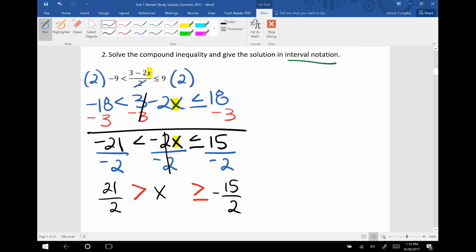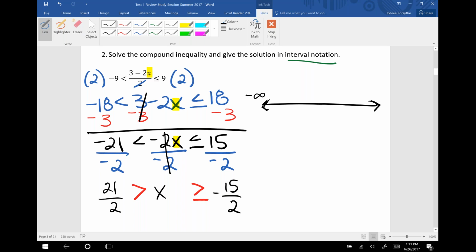All right. Okay, so interval notation. So the best way, in my opinion, to do interval notation is to start with the number line. You start with a graph. So you can kind of sketch it. It doesn't have to be super duper perfect, but you want to get the point. Now, it's important to know on a number line, the farthest to the left of that number line is technically negative infinity.